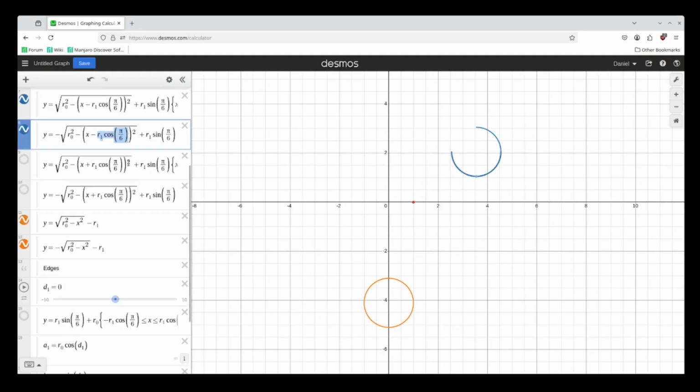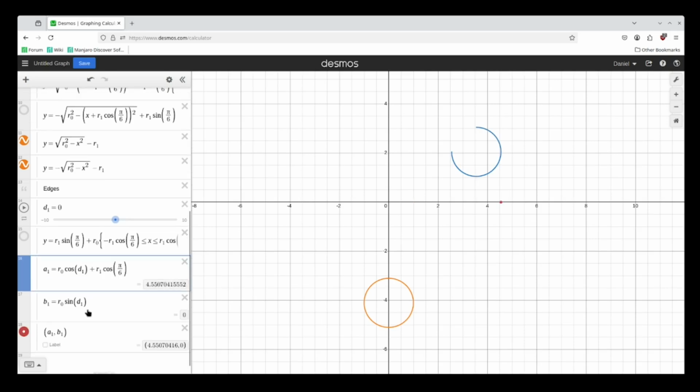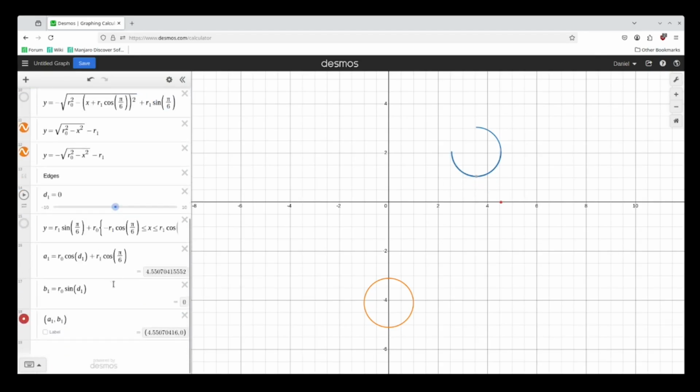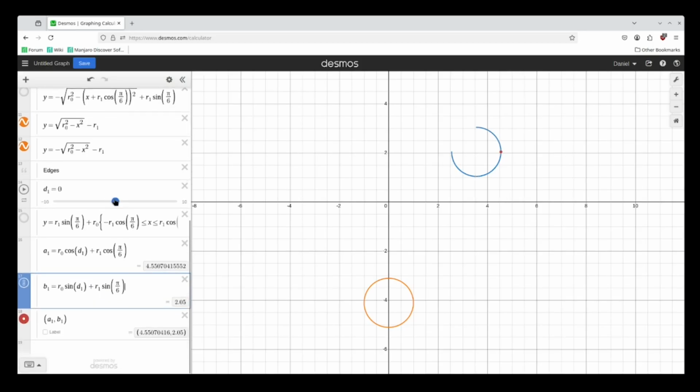That is this point here for the x. And for the y, that is this value here. So now if we slide this degree around, you can see how this point just rides that circle very cleanly.